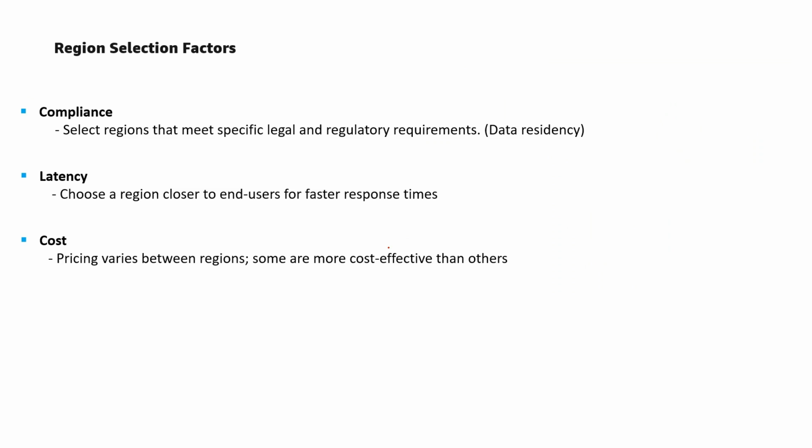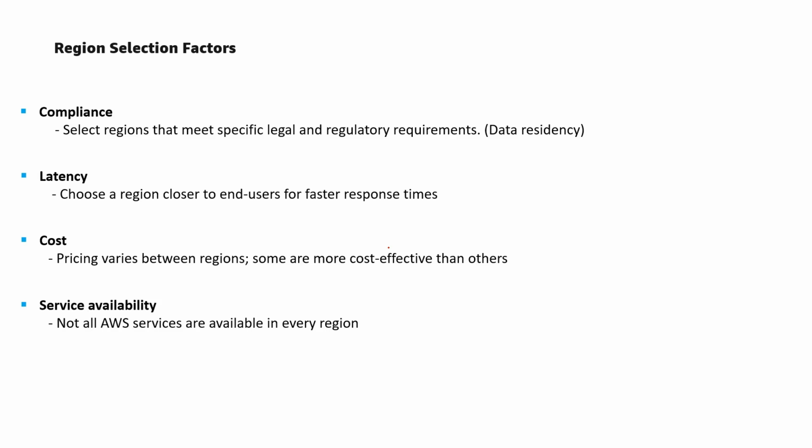It depends on that region's, that country's costs as well: the taxation cost, the grid cost, the raw materials cost. That cost is passed to the customer, and that's why there are different prices for the same services in different regions in AWS. So if cost is your first priority, you're going to have to select the one that is most cost effective for you.